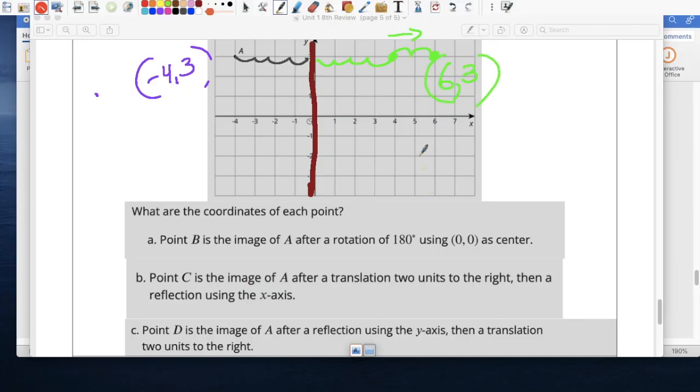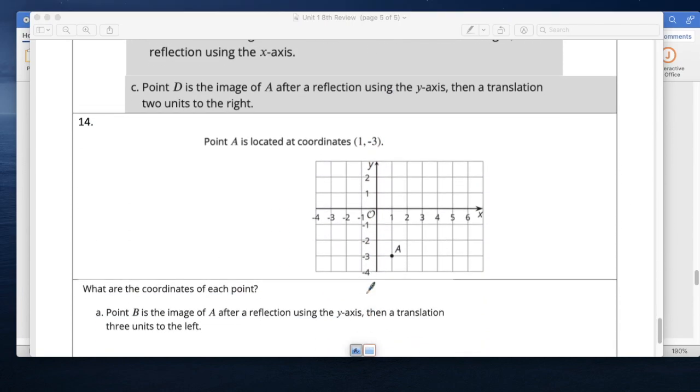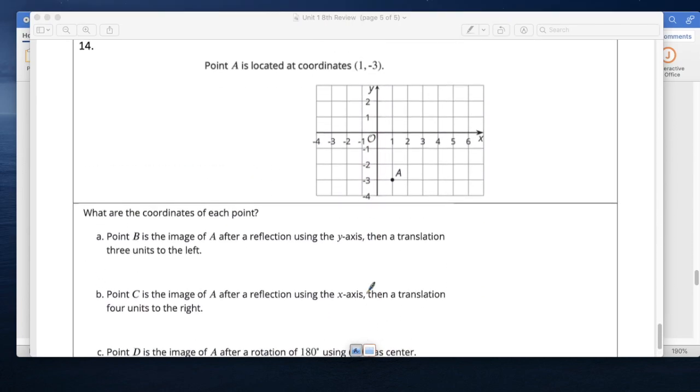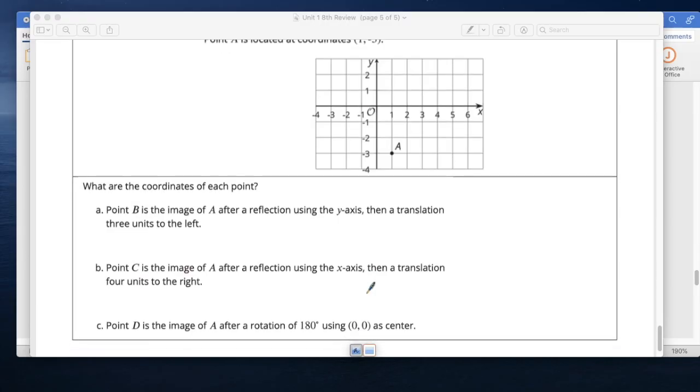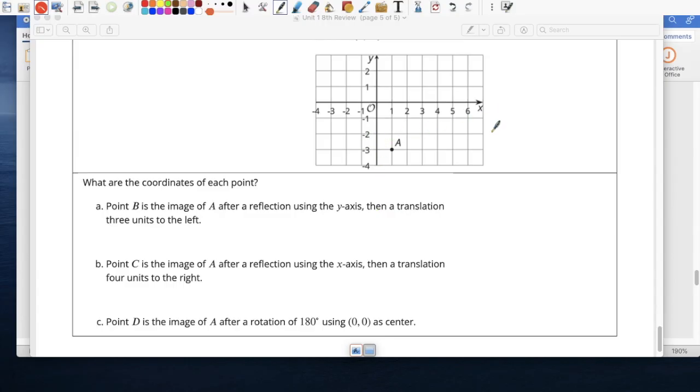Okay. I think this is the last question. 14. There's a point again. Point B is the image of A. So we're going to take this point, reflect it over the y-axis, and then a translation 3 to the left. So here's point A, reflect over the y-axis.